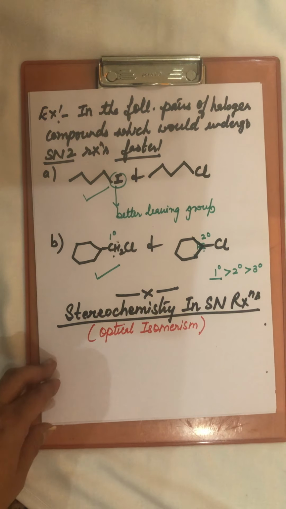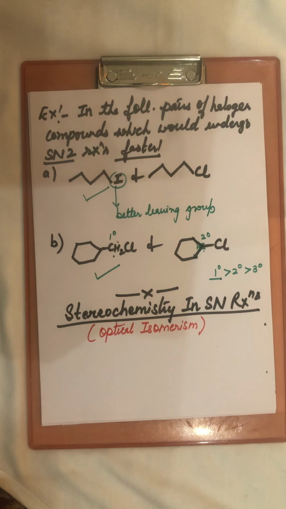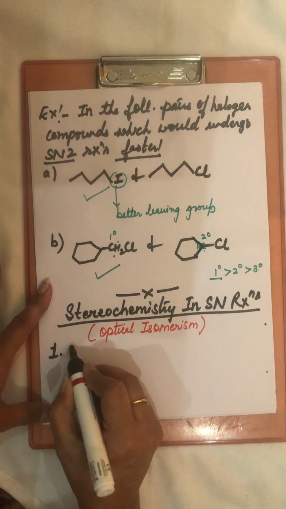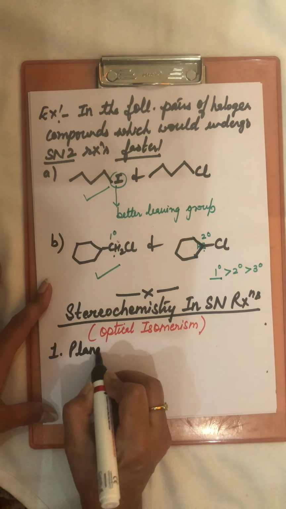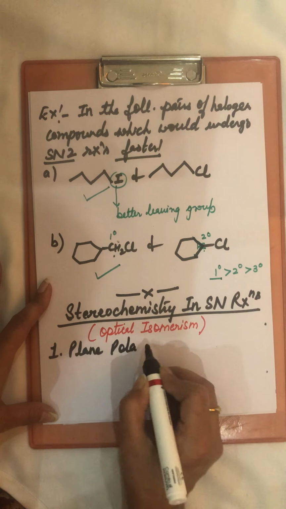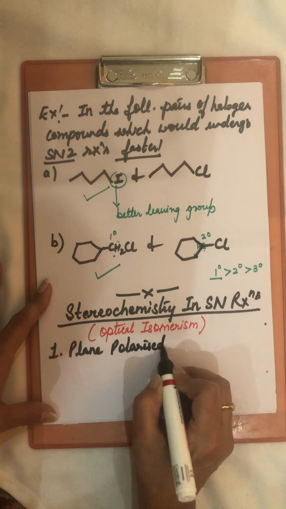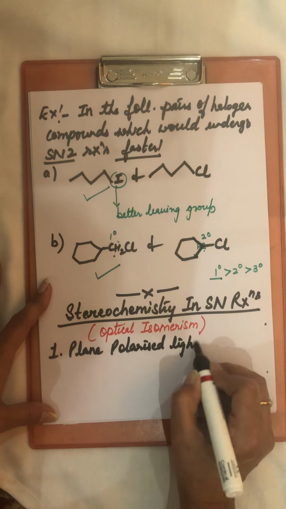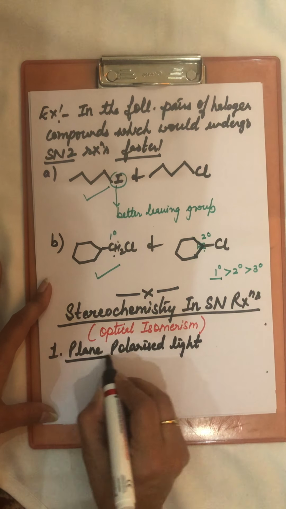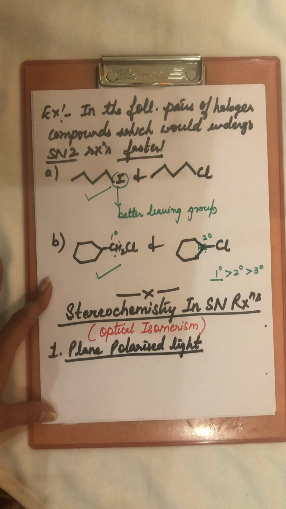Now, before going through stereochemistry, we should know some of the important terms that we use in stereochemistry. First is plane polarized light. This light is used to understand stereochemistry, that is optical isomerism.